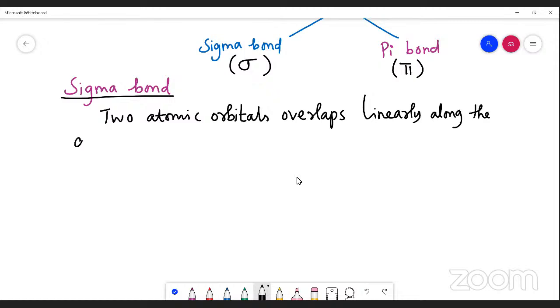If I take two atomic orbitals, they should overlap linearly along the axis. The resultant bond is called the sigma bond.